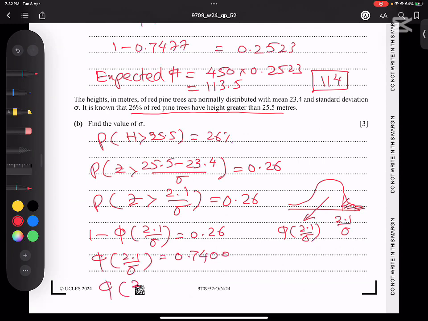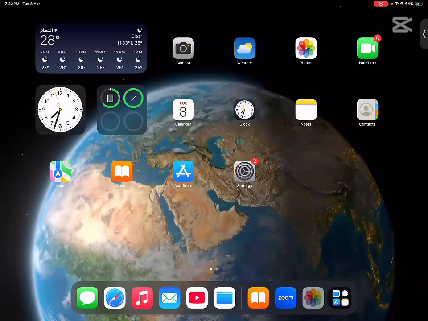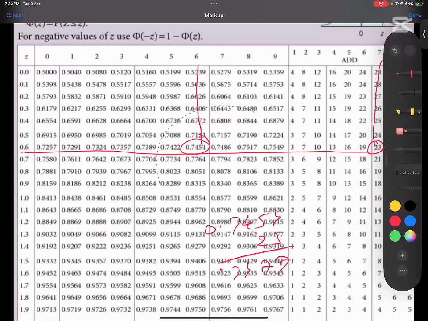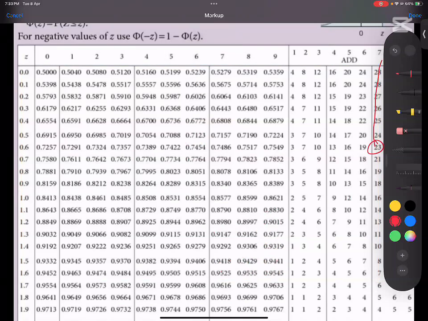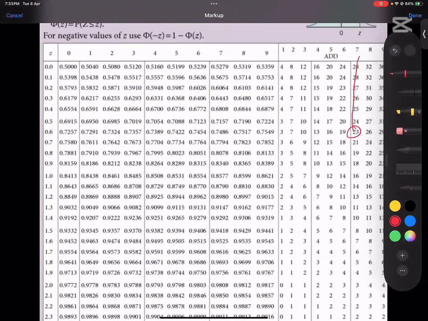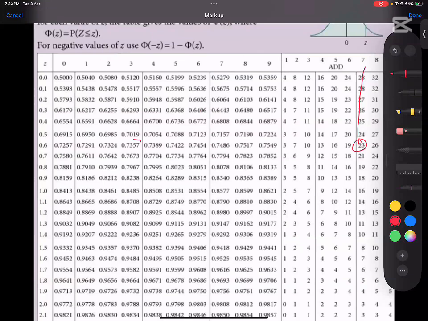Now we have to look for the value on the table. What number gives you this value, 0.7400? So 0.7400, 0.7474. This is this number. So we will take this number, and from here I got 0.6. From here I got 0.4, and I need how much to add inside? 11.